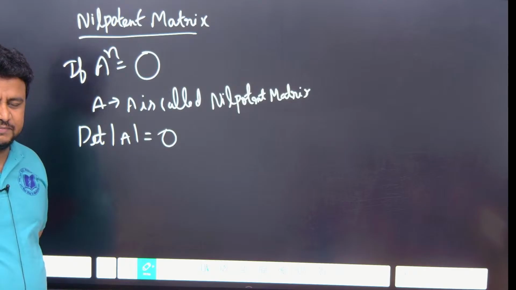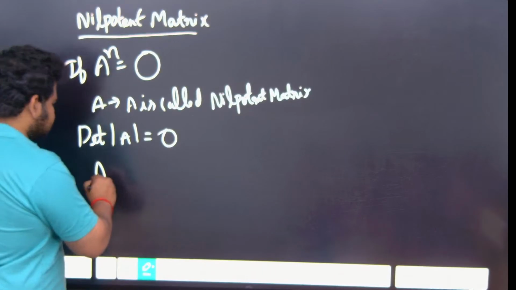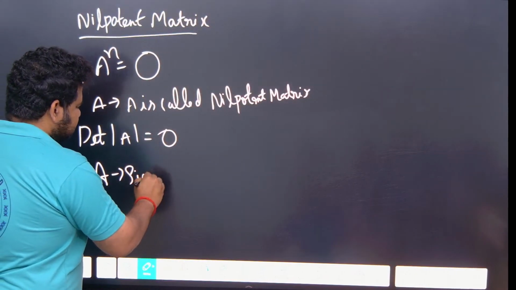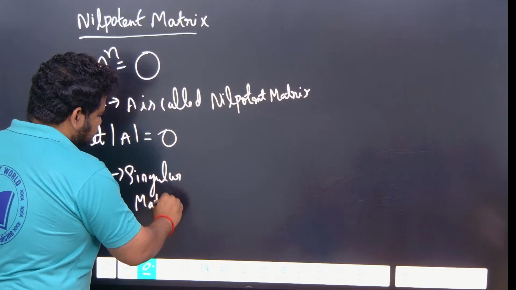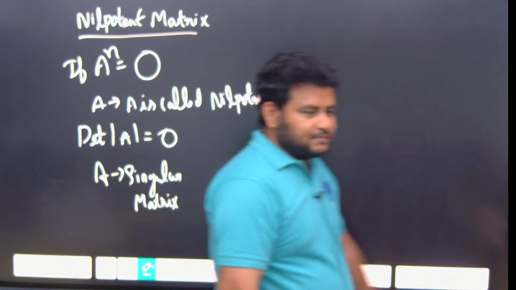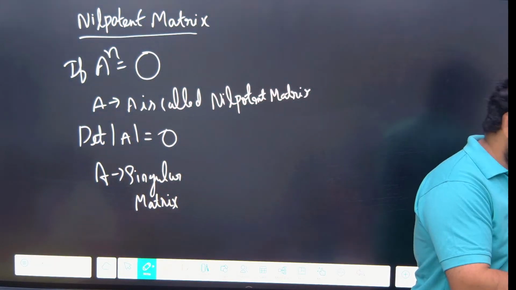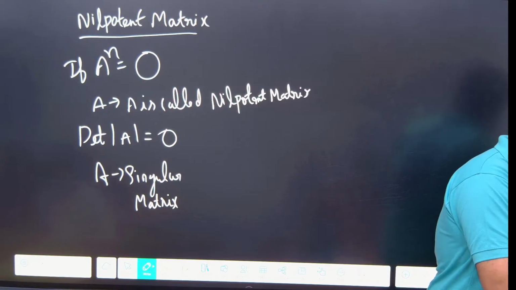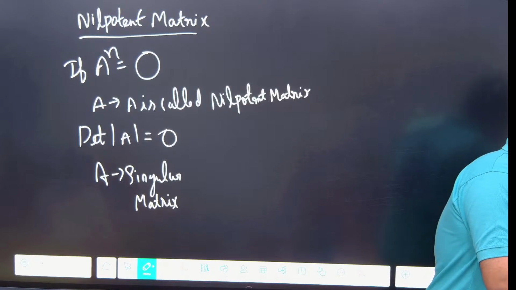Whenever the determinant of a matrix is equal to 0, we call it a singular matrix. If it is not equal to 0, we call it a non-singular matrix. When we learn about A inverse, you have to remember singular matrix and non-singular matrix.